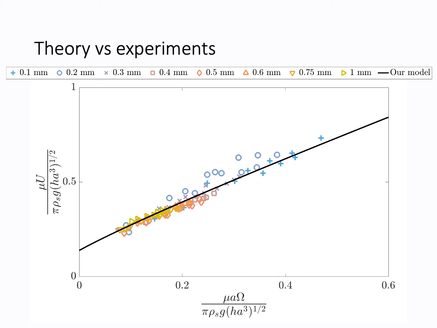Tom has carried out experiments for a wide range of different film thicknesses and cylinder radii. The colours represent different film thicknesses, and you can see that they all appear to fall on our predicted curve pretty well. There is a slight discrepancy for films of thickness 0.2 mm, represented by the circles, but as belt roughness effects would be more important for thinner films, we think this might explain the discrepancy.